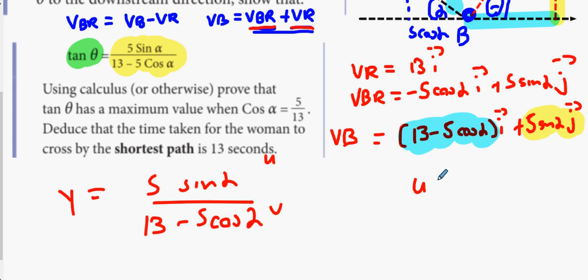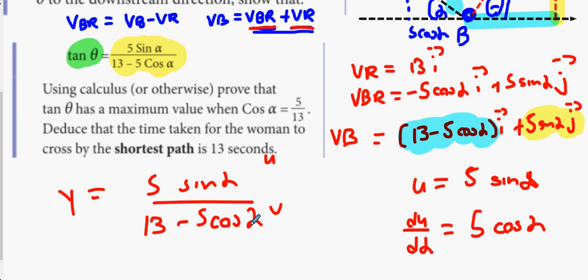So u equals 5 sin alpha. So what's the du d alpha? Anybody? So what happens when you differentiate sine? Yeah, cos.